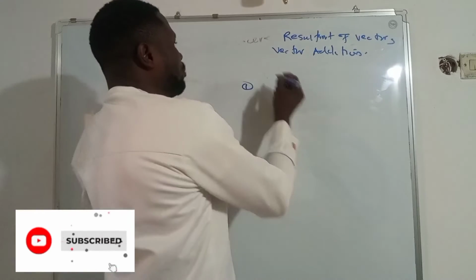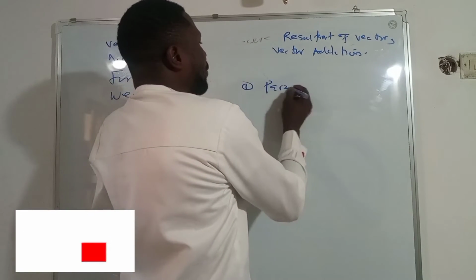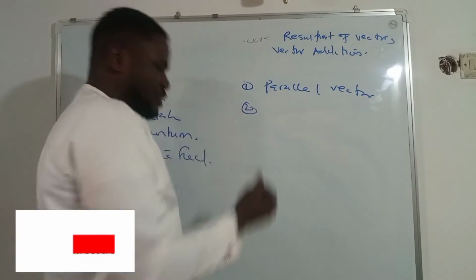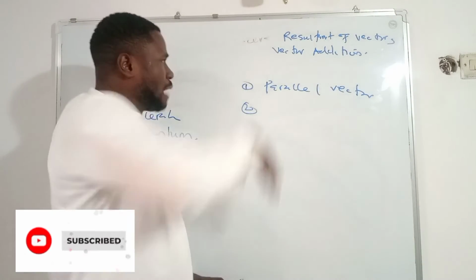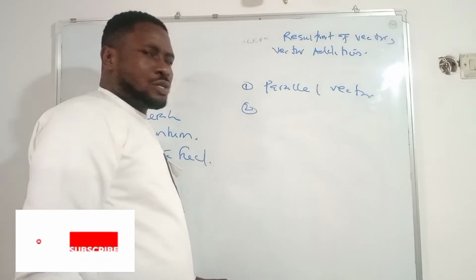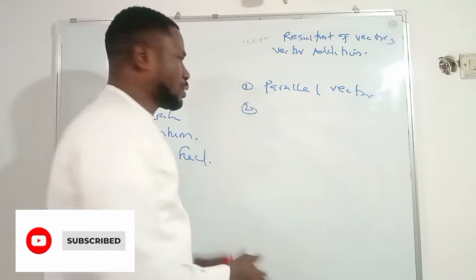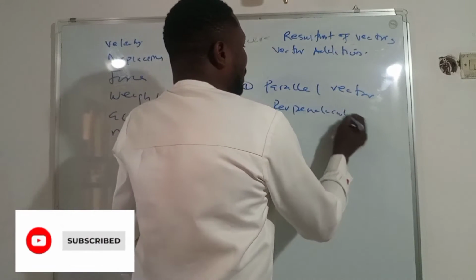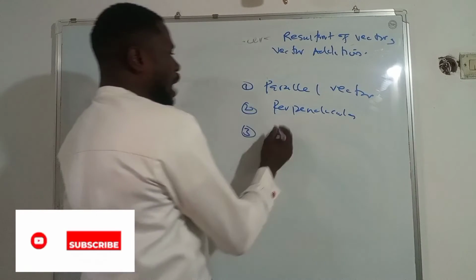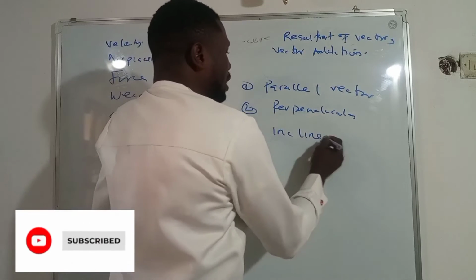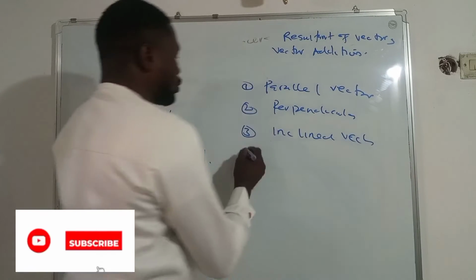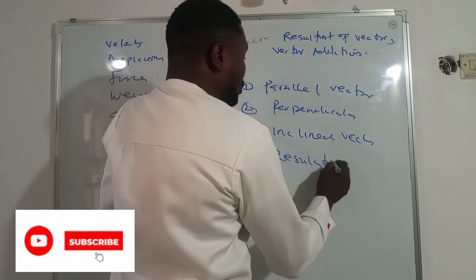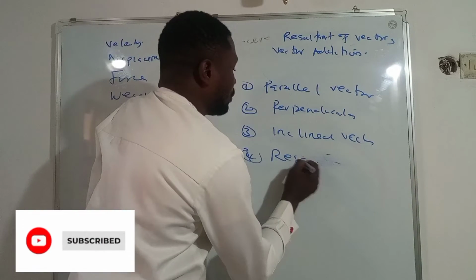It can either be parallel vectors, or what we call perpendicular vectors. We also have the one we call inclined vectors. There is also what we call resolution of vectors.